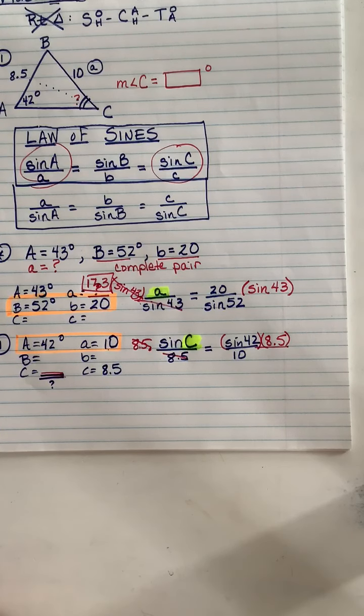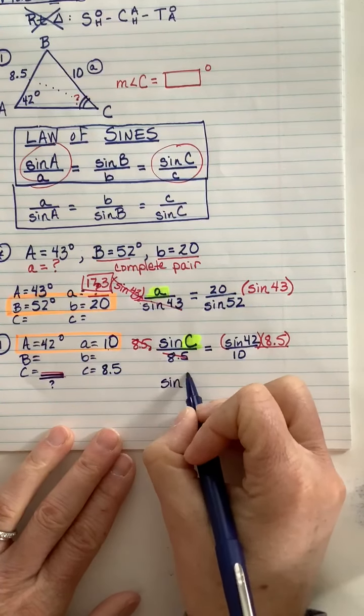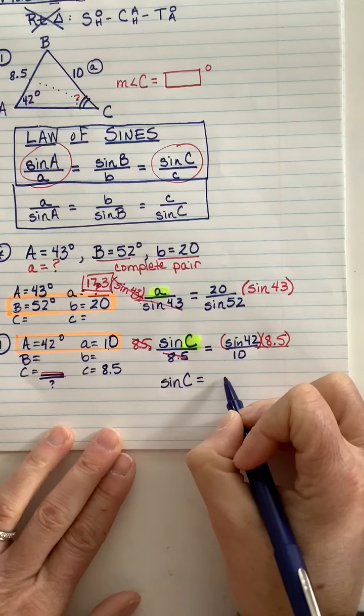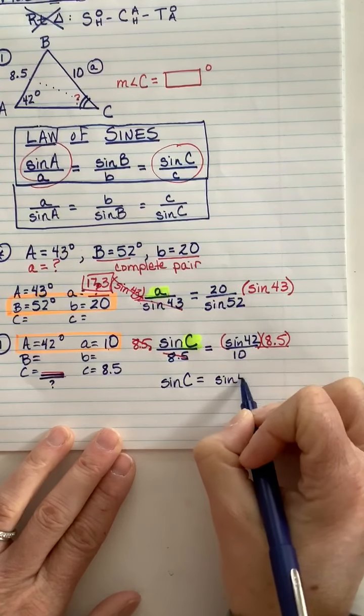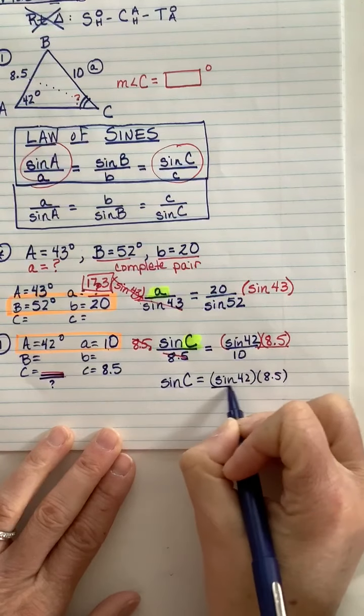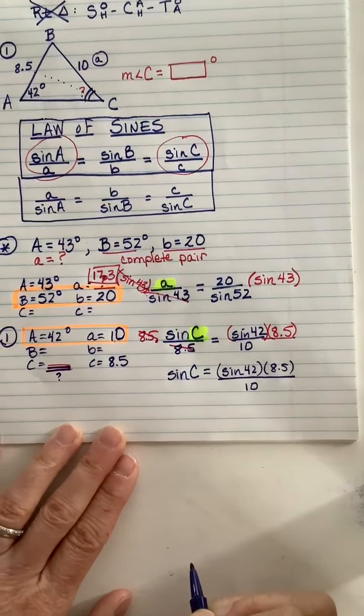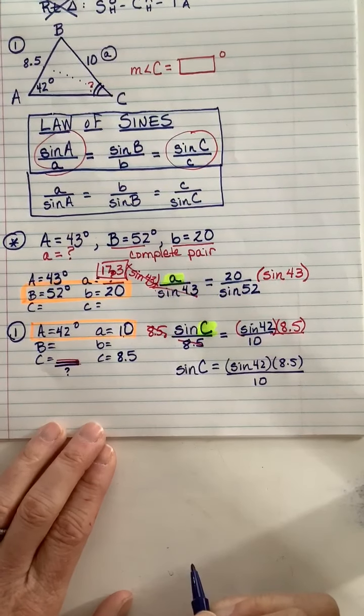Okay, well now, I better write this down as a separate step. You don't really need to, but you can. So now I've got sine of C is going to be the sine of 42 times 8.5, all divided by 10. Don't do this yet. We can save all this. You guys are getting to be really great mathematicians this year.